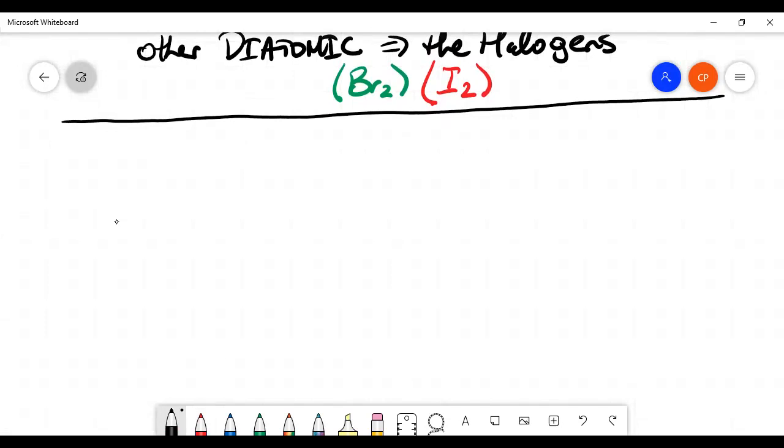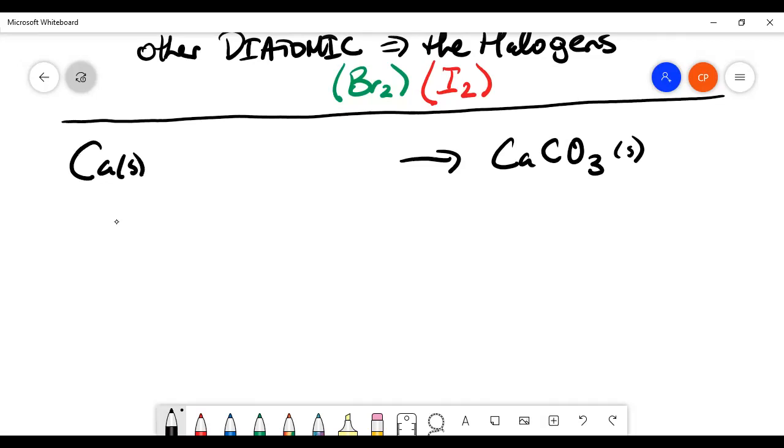If I'm going to come up with a means to assemble calcium carbonate as a solid, I'm going to put calcium carbonate together from 3 elements in their standard states. One is a metal that's elemental, calcium.